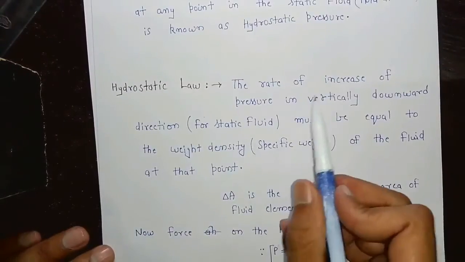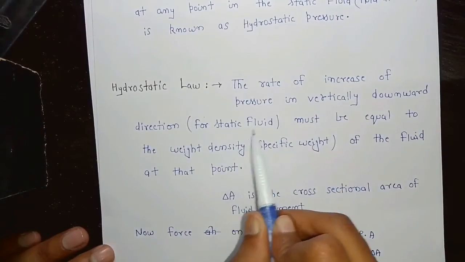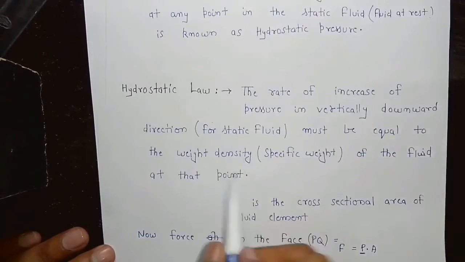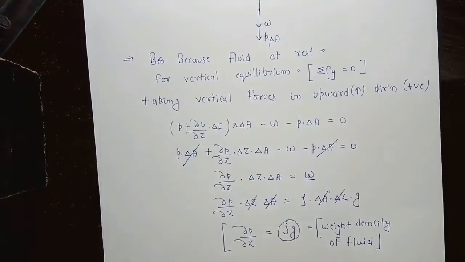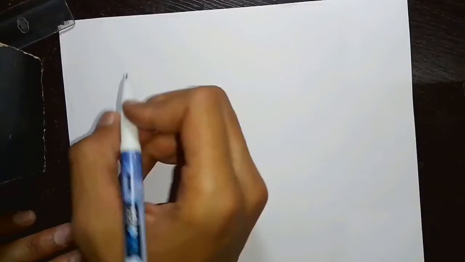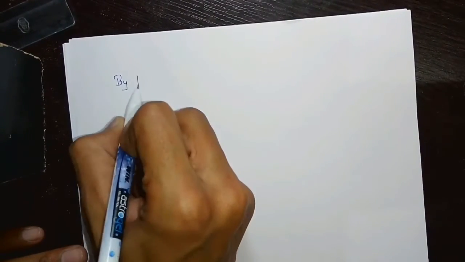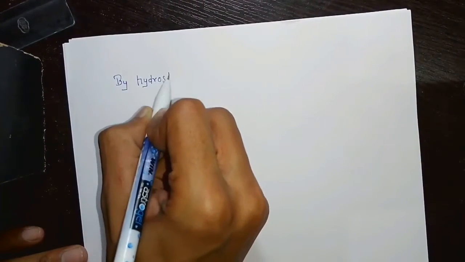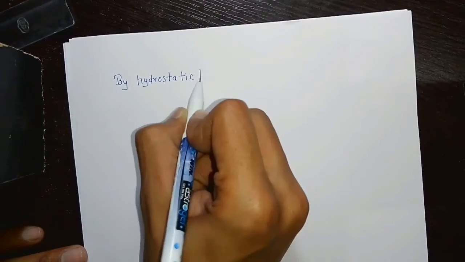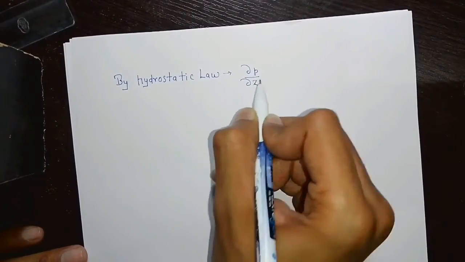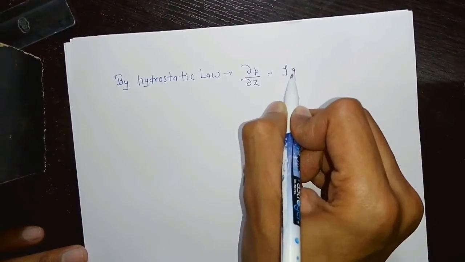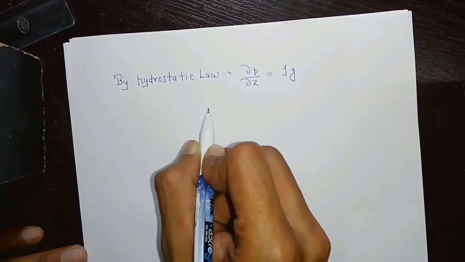So according to hydrostatic law, it must be equal to the weight density of the fluid at that point. Thus this is the proof of hydrostatic law. By hydrostatic law, del p divided by del Z is equal to rho g.